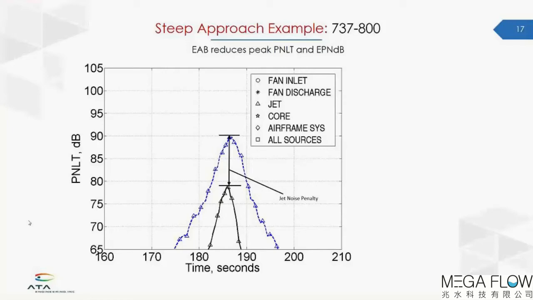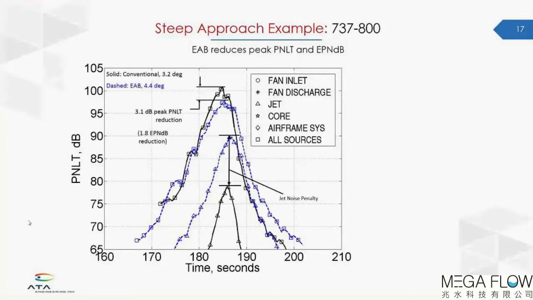So we applied a penalty to our simulation to show this. However, the overall system noise could be reduced, and that was because we could use the drag generated by the swirling flow to go from a 3.2 to a 4.4 degree glide slope angle at constant speed without changing the aerodynamics or the self noise of any of the other sources.